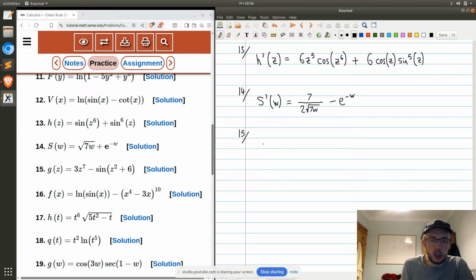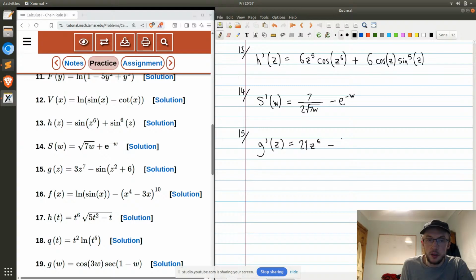Right. G of z is 3z to the 7 minus sine of z squared at 6. So differentiate. 21z to the 6. Okay, so minus what?